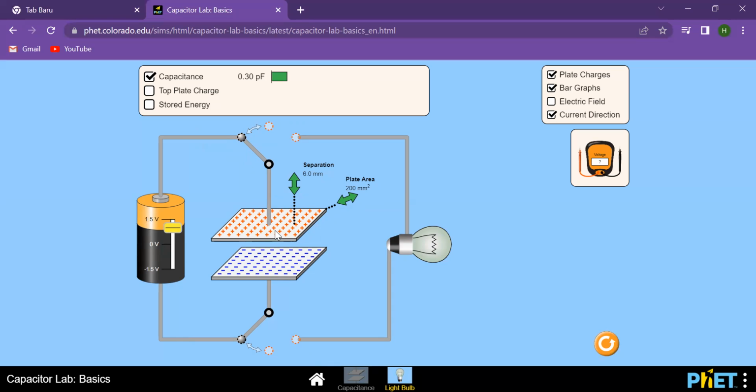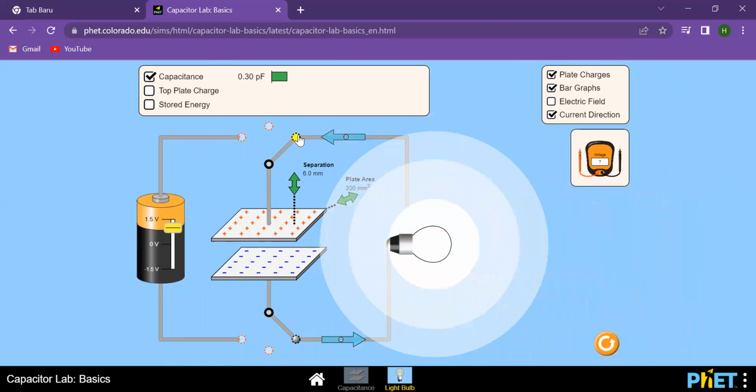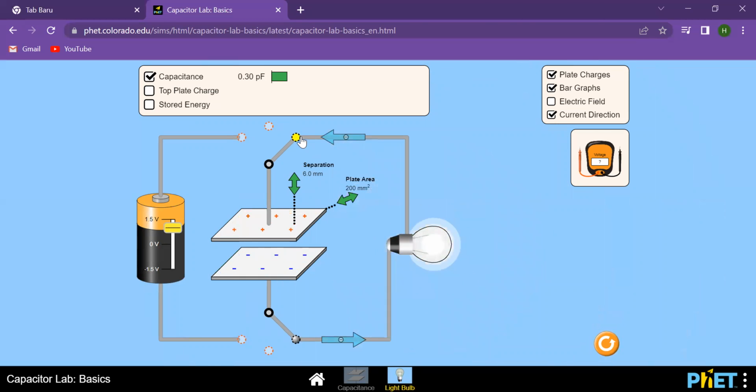So this plate is a capacitor. The plates are the plates inside the capacitor. If I connect this capacitor to this light bulb, look, more and more, the electricity charge runs out.